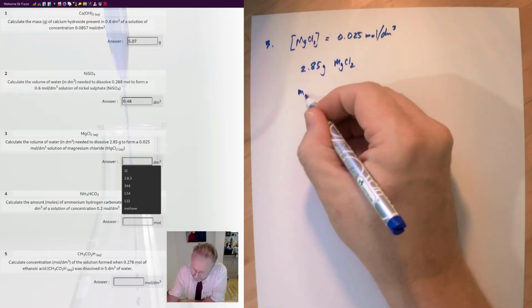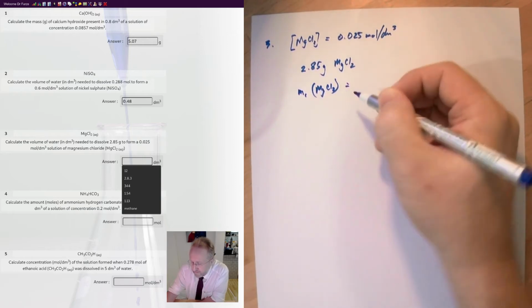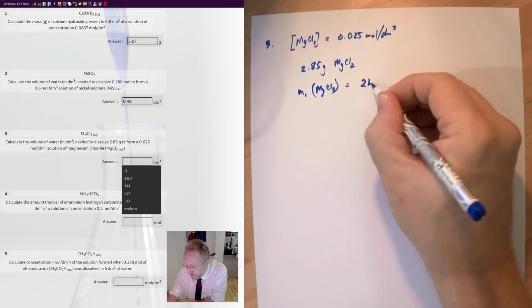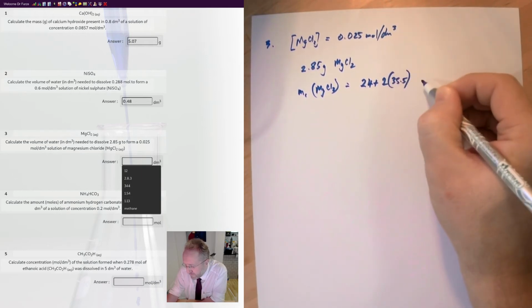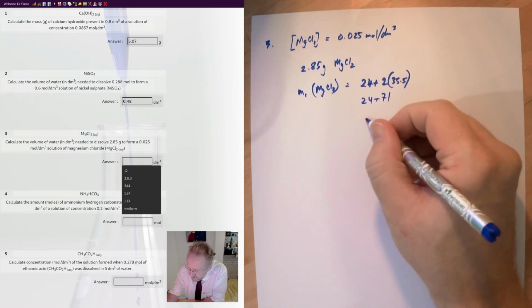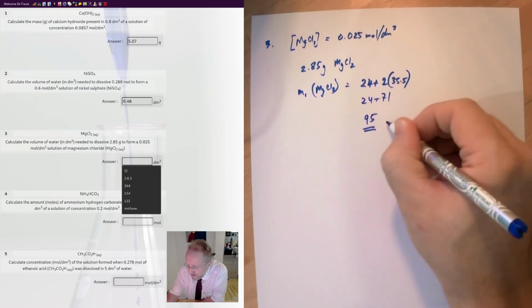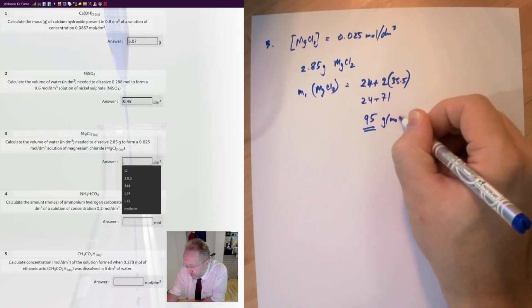So we need the Mr of MgCl2. The Mr of MgCl2 is 24 plus 2 lots of 35.5, or 24 plus 71, which is going to be 95, and technically the units are grams per mole.